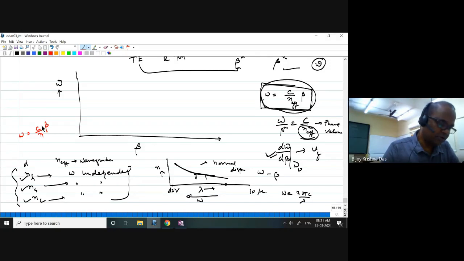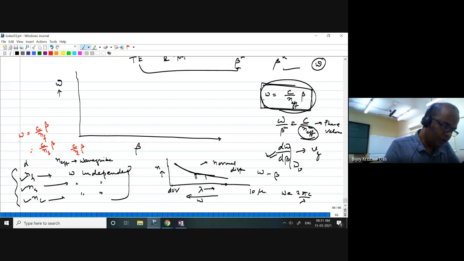That is your homogeneous medium, where N is the index of the medium. If it is a film, it will be like this, right? And if it is the substrate, C by Ns beta. And if it is the cover, the cladding, C by Nc beta.